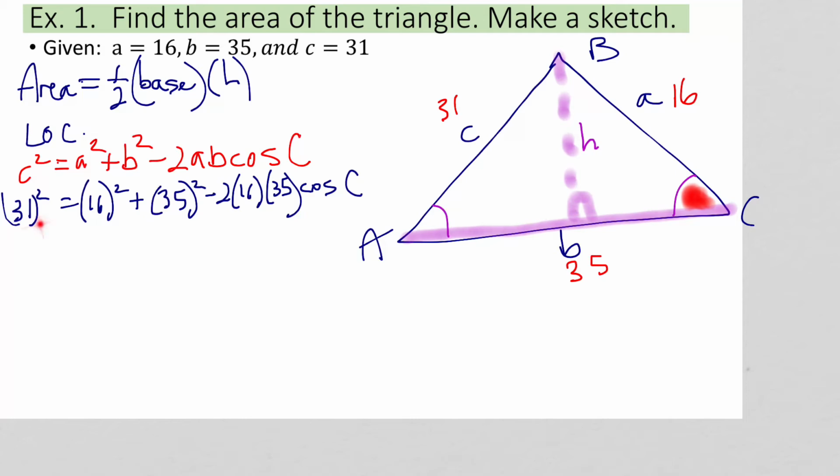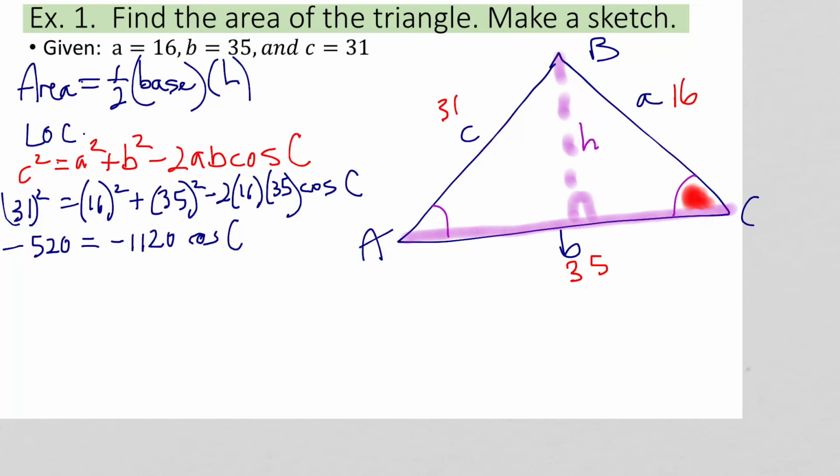So I'm going to start with 31 squared, subtract 16 squared, subtract 35 squared, and I plug that into my calculator and I get negative 520 on the left hand side. Then I'm going to multiply negative 2 times 16 times 35, which will be the coefficient of cosine C. I type that into my calculator and I get negative 1120 as my coefficient of the cosine of C.